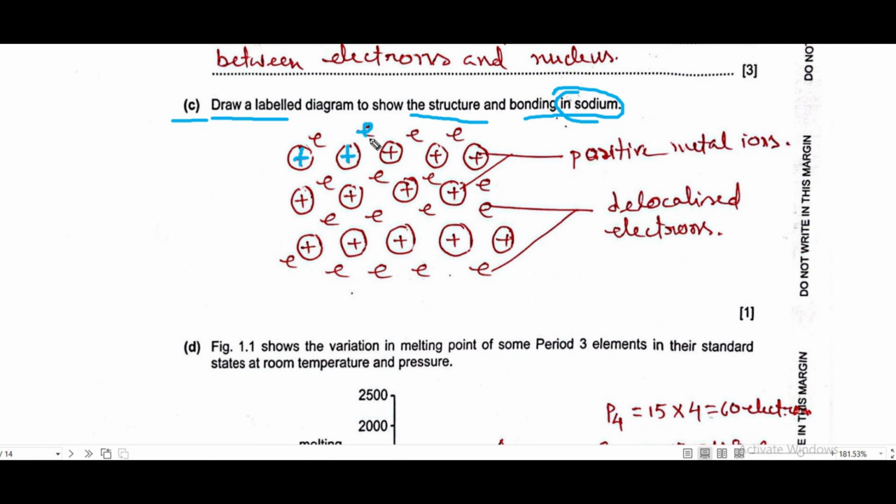E means electron, so this is the positive metal ion and these are the delocalized electrons. The attraction between positive metal ions and delocalized electrons is known as metallic bonding. So this is the labelled diagram of sodium metal.